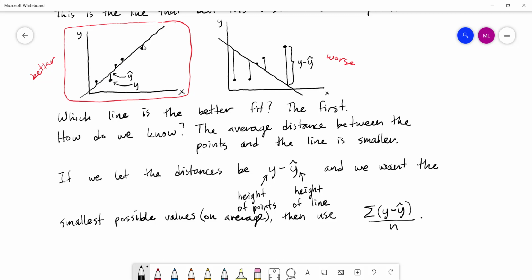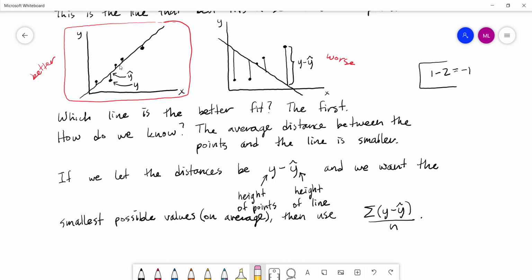When we look at these other two points that occur below the line, again, we're doing the point minus the line. So I'm doing a smaller value minus a larger value. When you take a small number and subtract a large number, so if I did, let me just do it off over here on the side, if I did 1 and I subtract off 2, we wind up with a negative number.